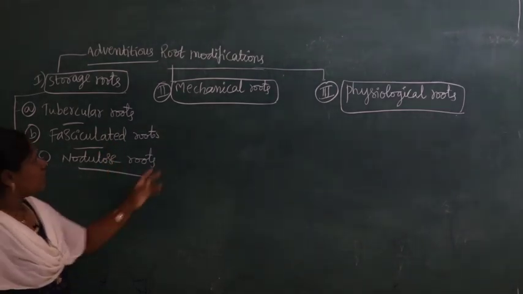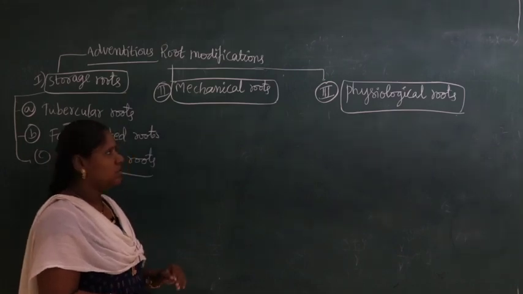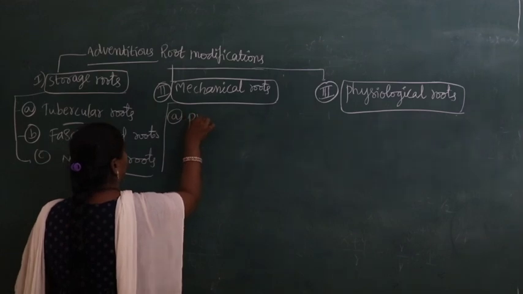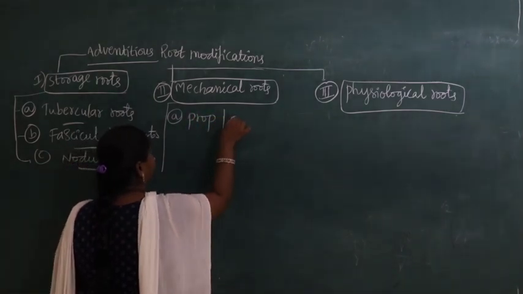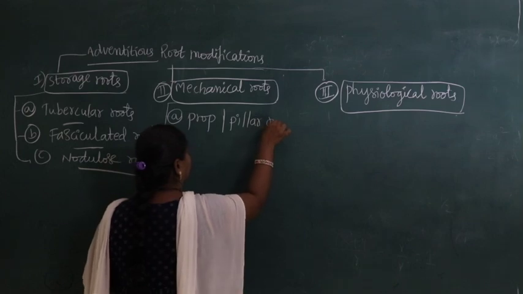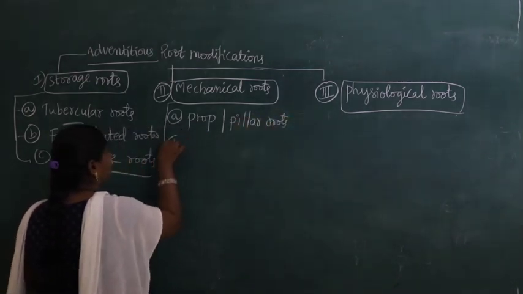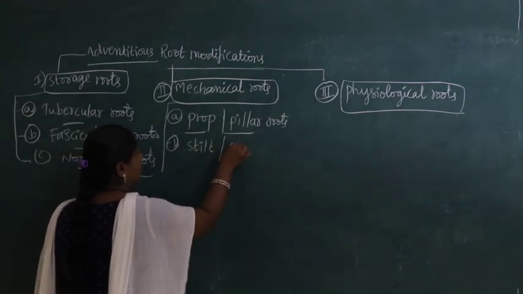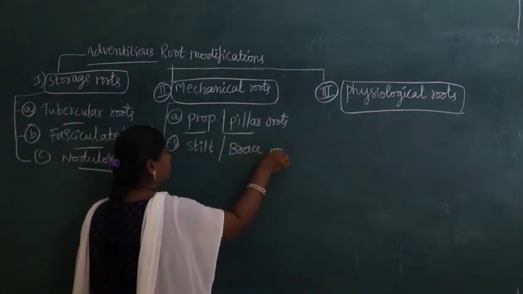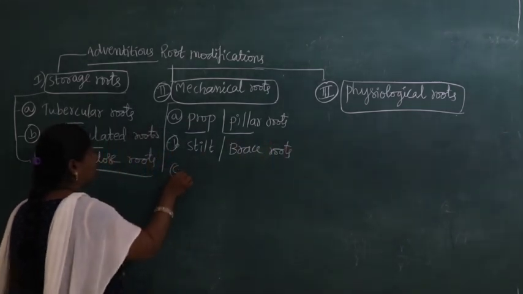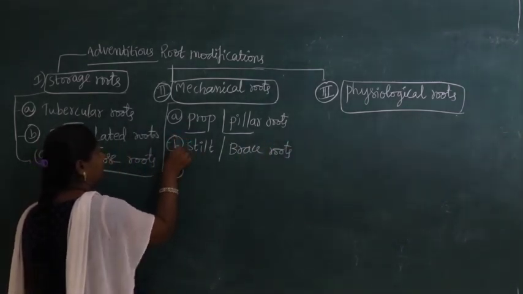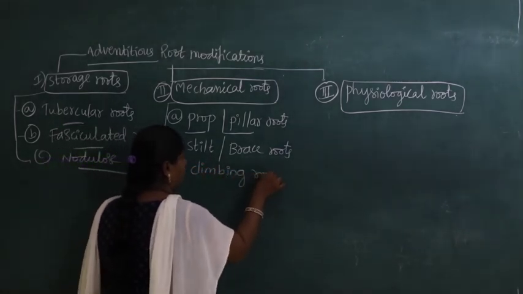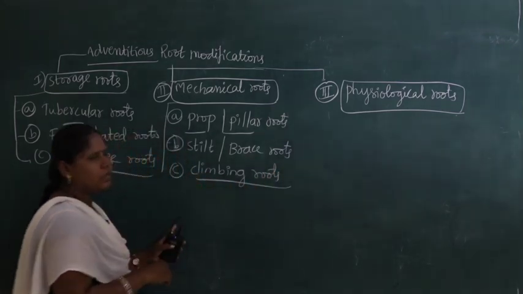Now let us go with the second category called mechanical roots. Now if you take the mechanical roots, we have three categories: prop or pillar roots, then next one is, apart from this, stilt or brace roots. So including the third category, climbing roots. Right? All three categories.